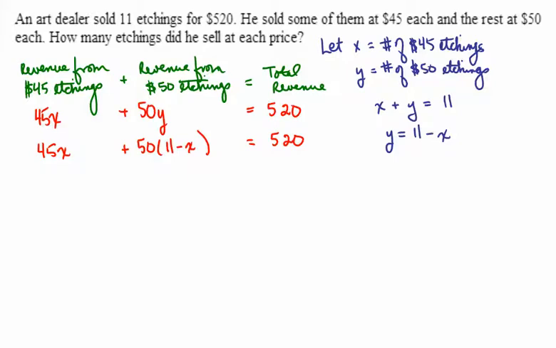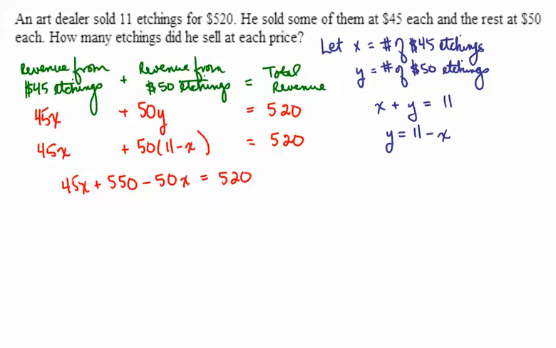So we're going to multiply out. We have 45x, bring that down. 50 times 11, distribute there, is going to be 550. 50 times negative x is negative 50x, and that's all equal to 520.